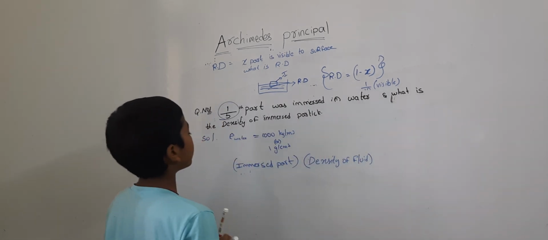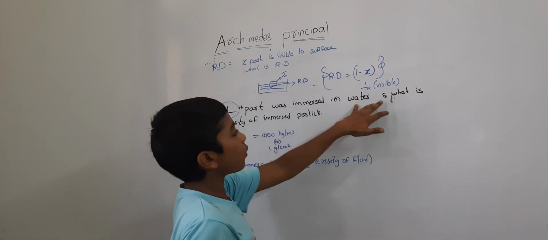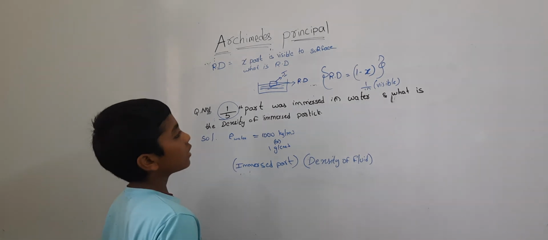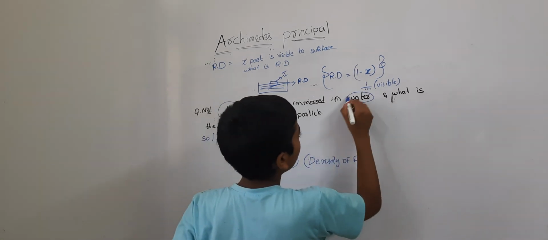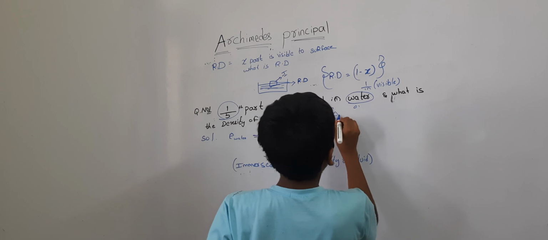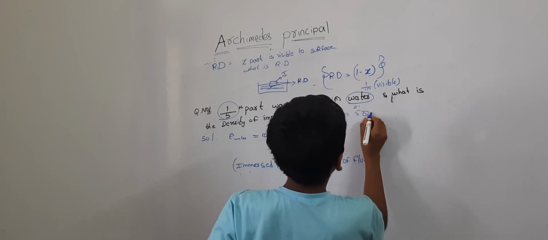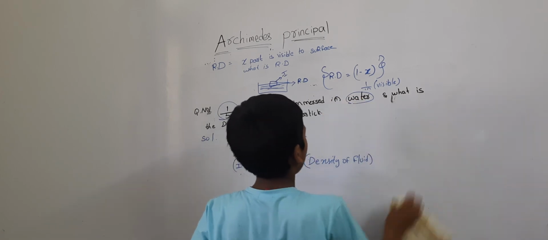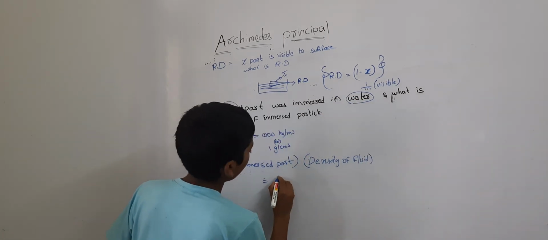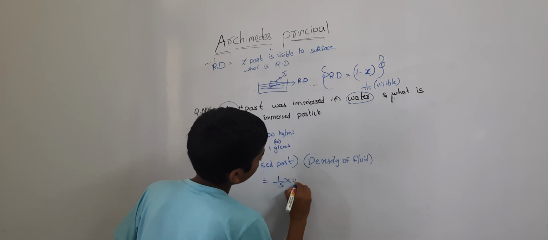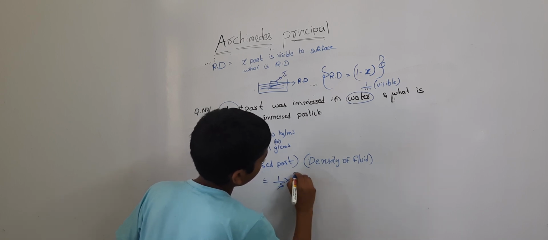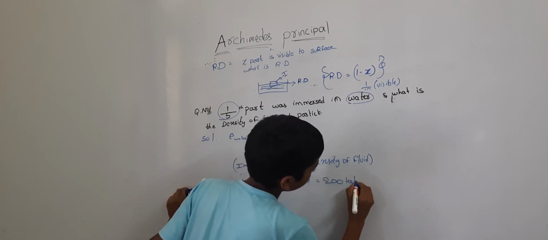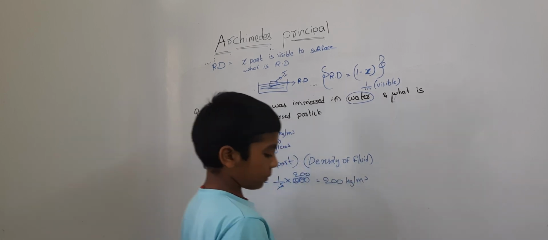Why did I mention fluid? In this question they give water, in another question they give oil or anything else. If they give oil, they give the density in brackets as a constant value. So 1 by 5th part immersed into 1000 kg per meter cube, 200, equal density of the object is 200 kg per meter cube.